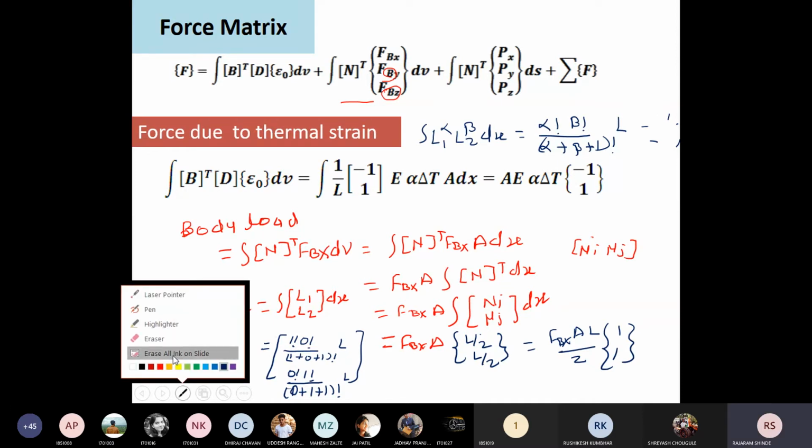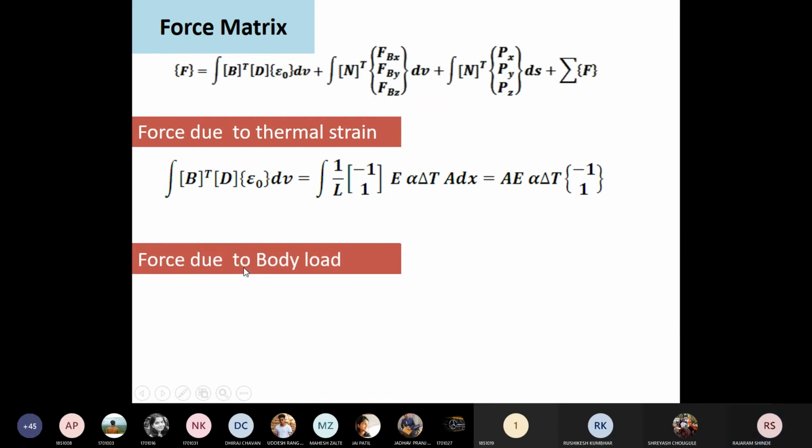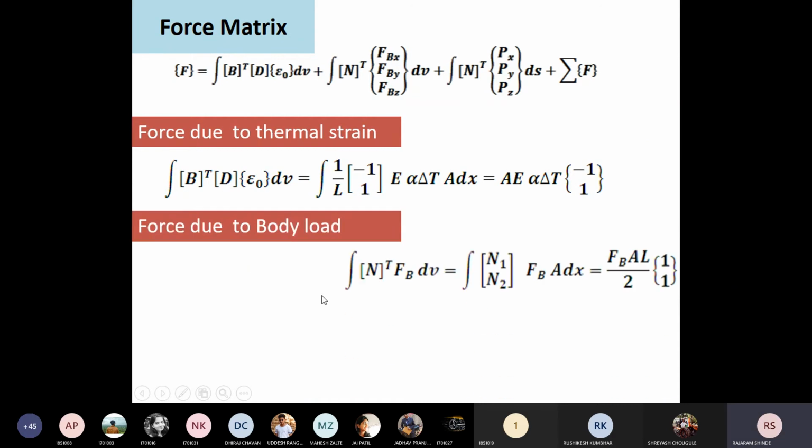Now I will show you again. You see here, force due to body load is N transpose FB dV. I have replaced it with N1 N2 FB A dx. You can use N1 N2 or N also. FB A is a constant term that I can take out of the integration.